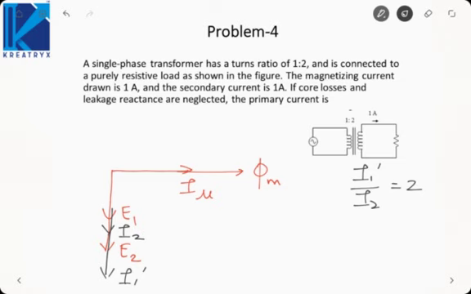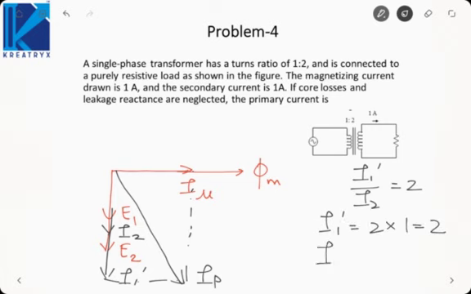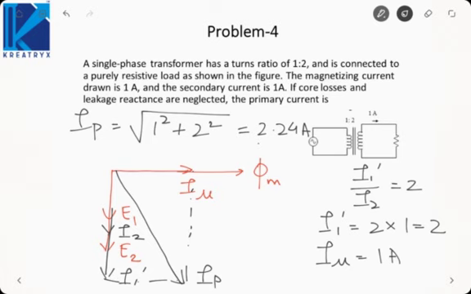Now we know that primary current is the phasor sum of magnetizing current and load component. This will be I primary. Now I1 dash is equal to 2 into 1, which is 2. I mu, the magnetizing current, is equal to 1 ampere. So to find I primary, it will be under root 1 square plus 2 square, which is 2.24 ampere.